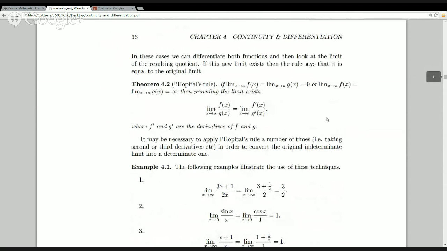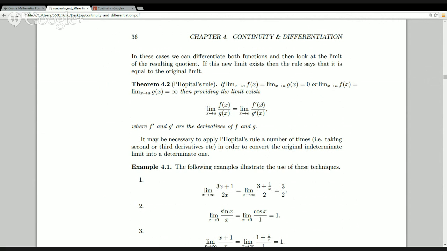But L'Hopital's rule can often help, and that says that what you can do is pass to the quotient of the derivatives instead. So rather than looking at the limit of the quotient of the original functions, you can look at the limit of the quotient of their derivatives. Okay?